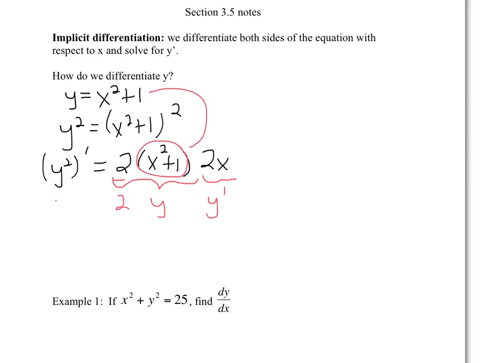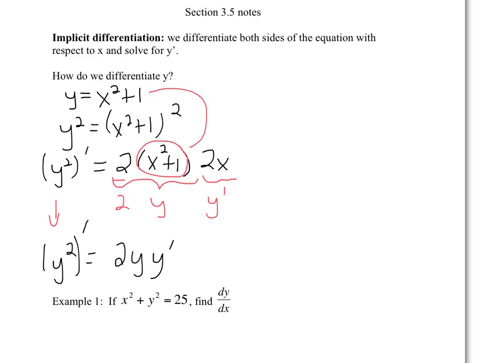So the derivative of y squared is 2 times itself, 2y, bringing the exponent down with our shortcut rule and subtracting 1 from the exponent. But because of the chain rule, and because we're actually differentiating with respect to x, not with respect to y, we have to tack on a y prime.